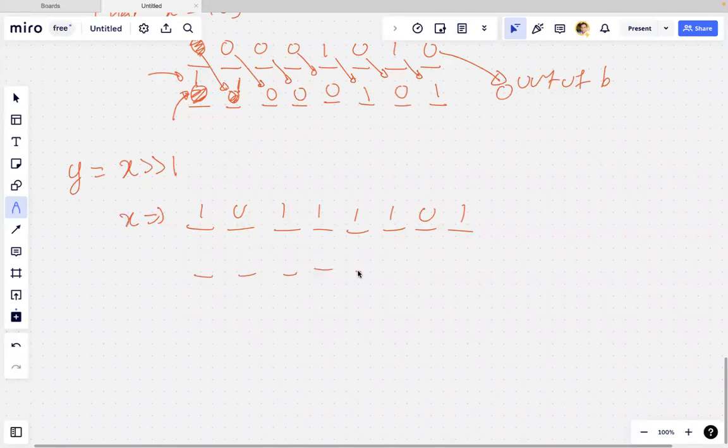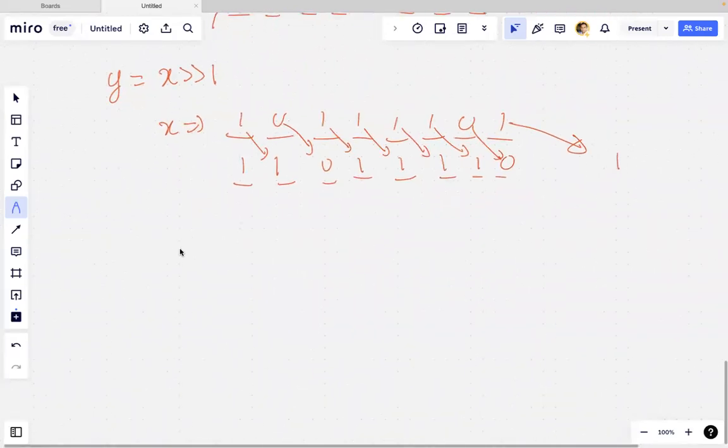Then this 1 comes to here, 0 comes to here, this 1 comes to here, this 1 comes to here, this 1 comes to here, this 1 comes to here, this 0 comes to here, and this last 1 is out of bound. It is out. Now there is a missing part available. So since the first bit is 1, the missing one should be filled by 1. If the first bit is 0, then it is filled by 0.